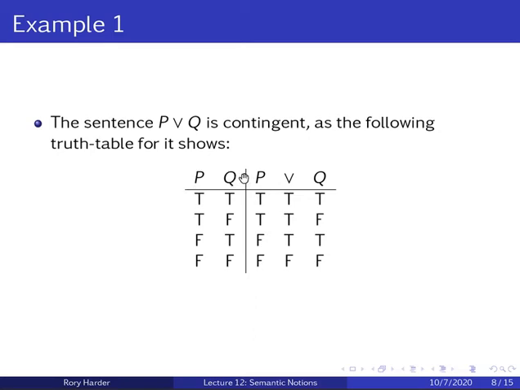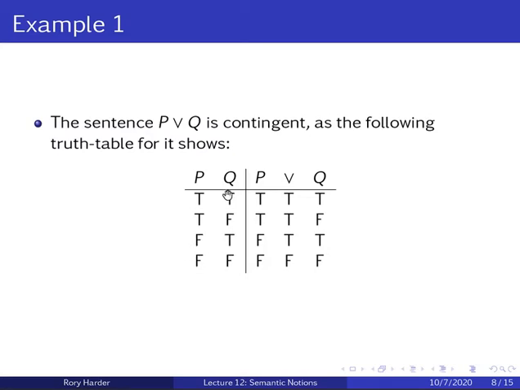So here we have constructed the truth table. On the left-hand side, we have a list of the atomic sentences which appear in P or Q, and those are just P and Q. Then below these two atomic sentences we list out all the possible combinations of truth values that these might have.